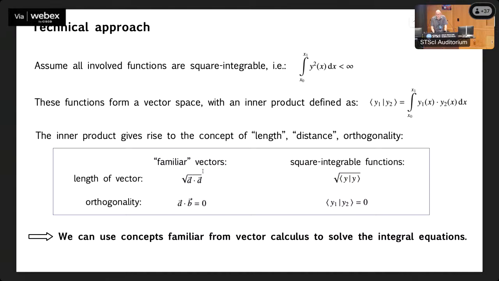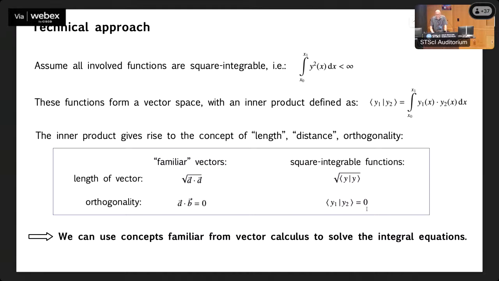In three-dimensional space, it would be the square root of x squared plus y squared plus z squared, which is just the Euclidean length of this vector. And we have the same expression if we put in the inner product of the vector space of square integrable functions here. And the same for orthogonality. Two vectors in three-dimensional space are orthogonal if the scalar product between them is 0. And so some square integrable functions are orthogonal to each other if the inner product between them is 0.